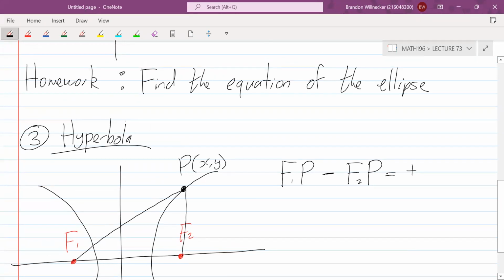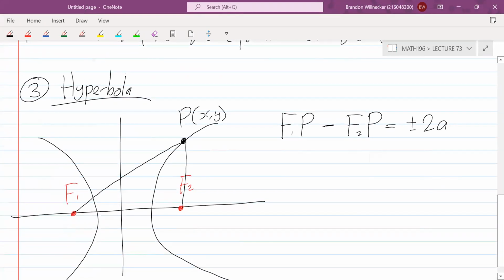So in fact, this is plus or minus 2a. Depending on the order, we get a different hyperbola. One ordering, let's say with the plus sign, we get this hyperbola which goes left and right. If we take the other sign, then we get one that goes up and down. So there are two different cases depending on the sign that you choose.